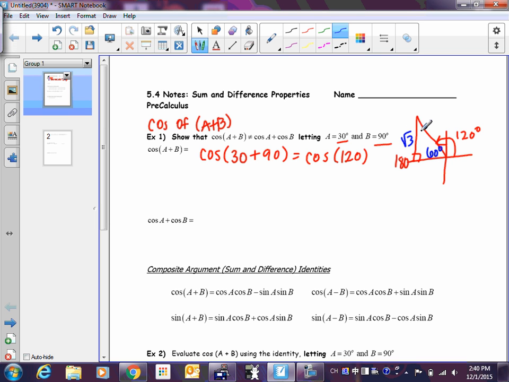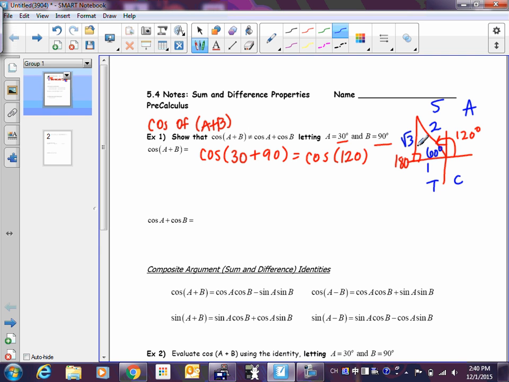Once you mark that as 60, across from the 60 is root 3. What's the other angle up here at the top? 30. I'm not going to write it because it gets squished. But up here there's a 30 degree angle, and down here on this side I'm going to write a 1, and then the hypotenuse is the 2. Okay, so cosine in this quadrant, all students take calculus.